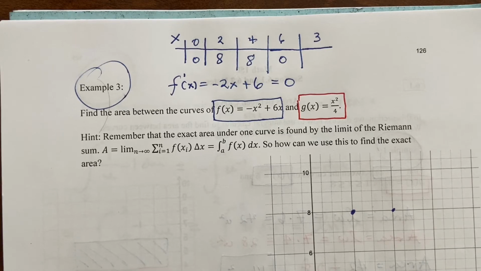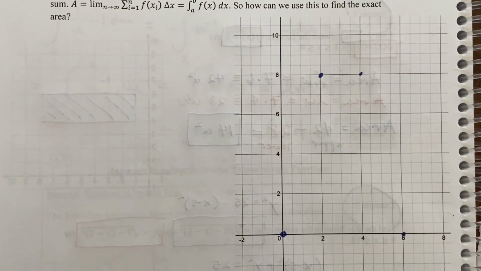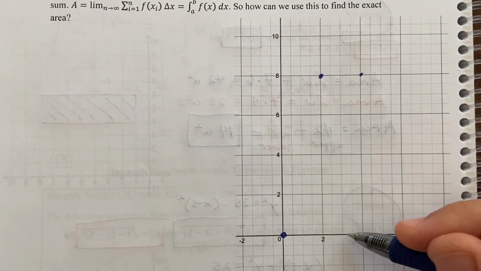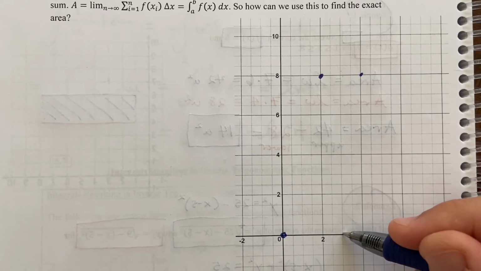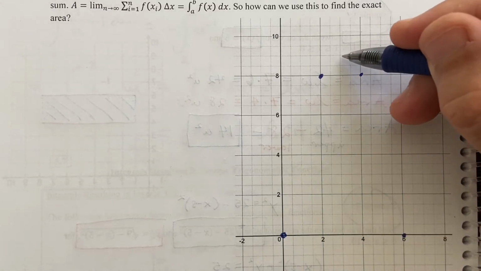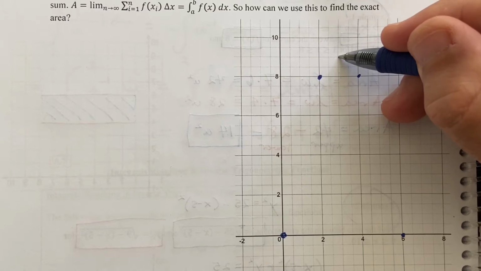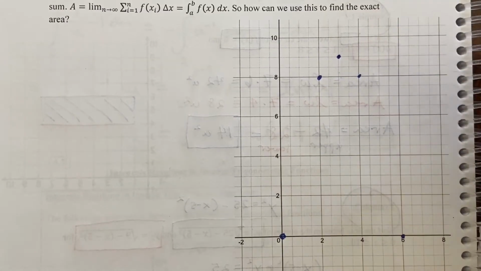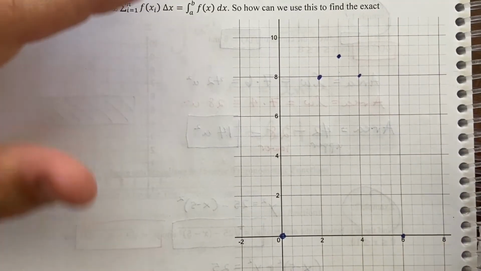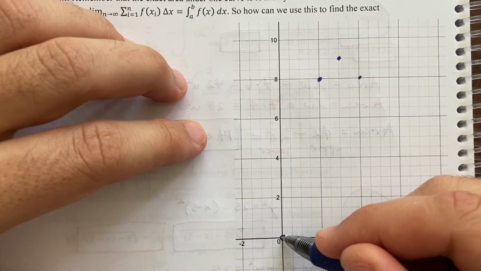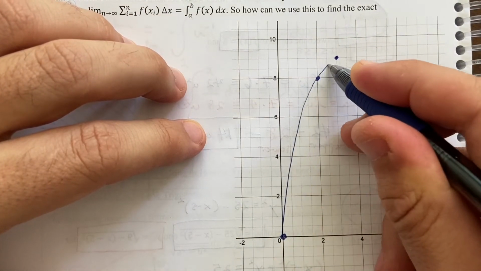That looks like a 9. So right here at 3, which is right in the middle of 2 and 4, I'll be right in the middle of 8 and 10. So I'll go ahead and draw this part of the parabola here the best I can.